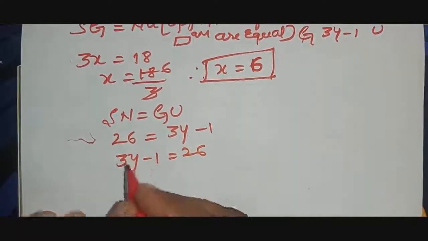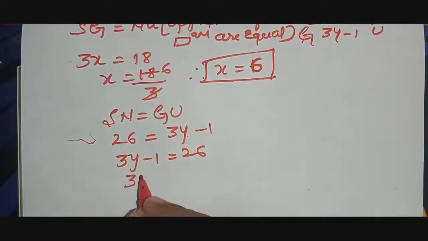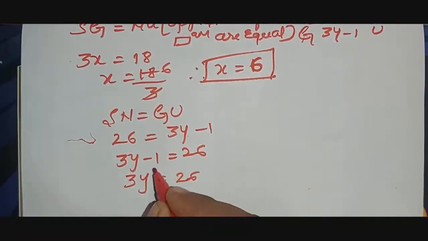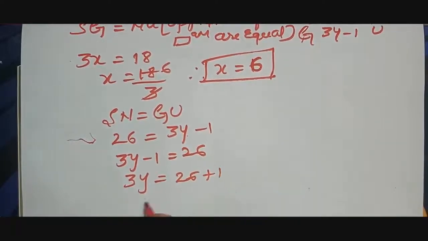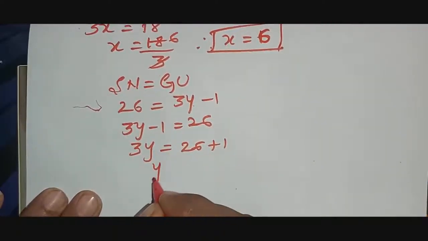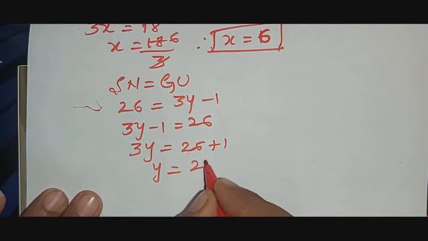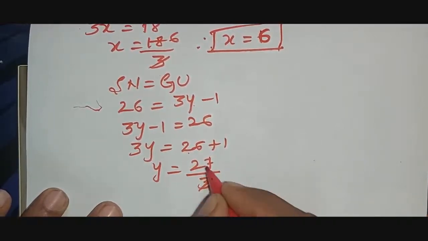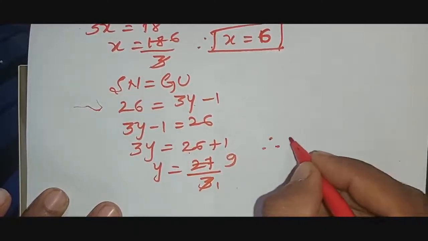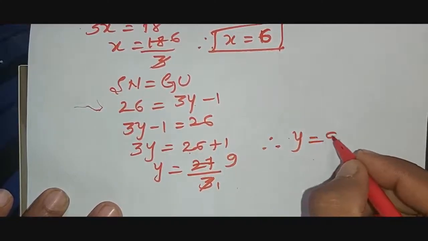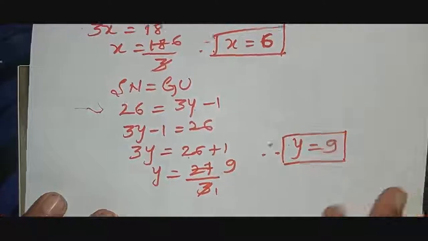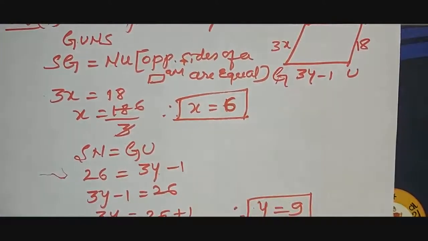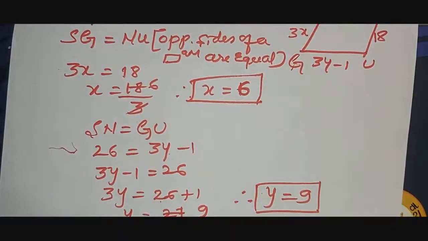Right as it is, and 3y is equal to 26. Minus 1 taken to this side will be plus 1. And y is equal to 26 plus 1, 27, divided by 3. Three nines are twenty-seven. Therefore, the value of y is equal to 9. We found the values of x and y. This is the right answer.